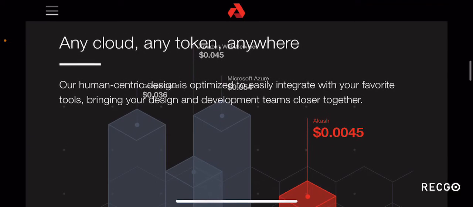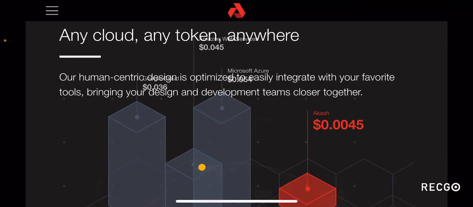Any cloud, any token, anywhere. Our human-centric design is optimized to easily integrate with your favorite tools, bringing your design and development teams closer together.